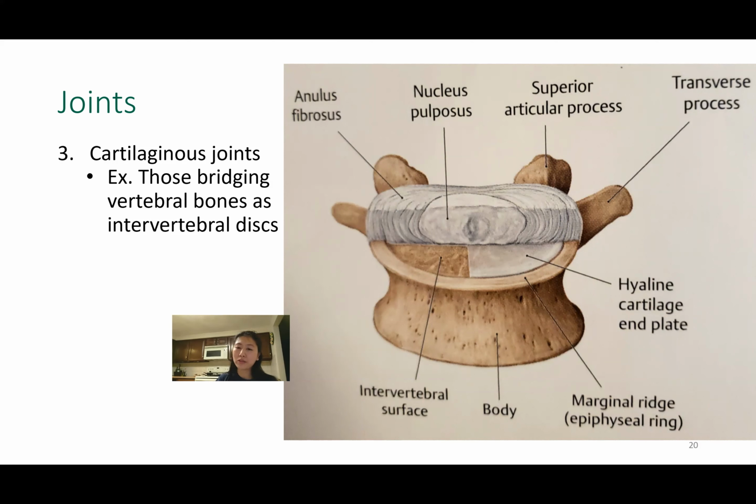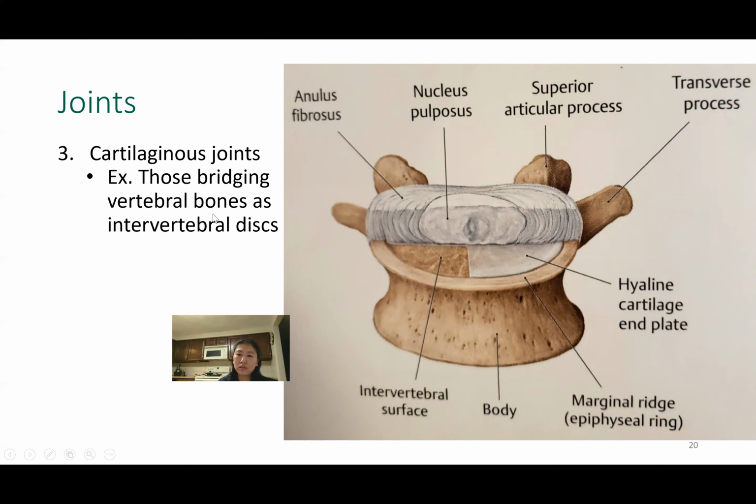So when I was talking about the curve of the spine, I was introducing the intervertebral discs and how the intervertebral discs can start to deteriorate and herniate. This is a cross section of the disc, and how the disc connects with the intervertebral bone is that it's connected to a hyaline cartilage end plate, and this whitish cartilage is called hyaline cartilage, and it's also a cartilaginous joint.